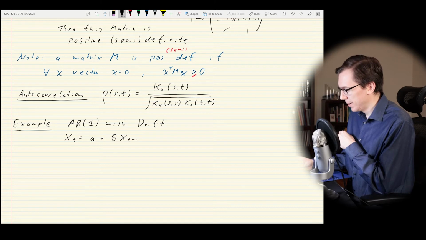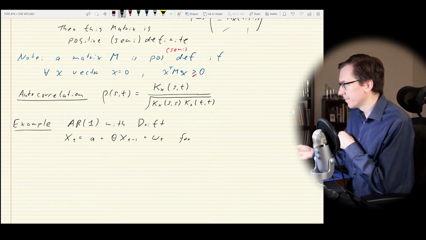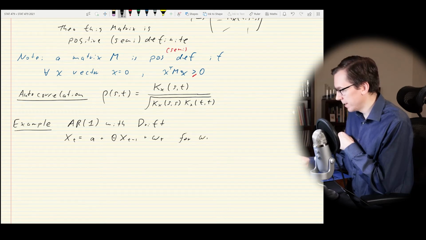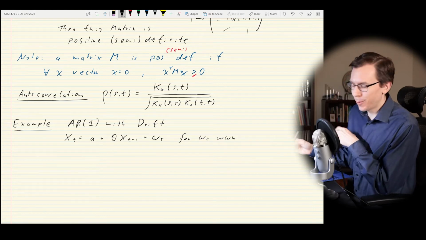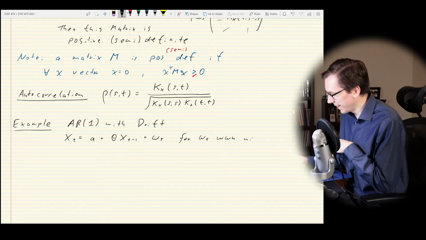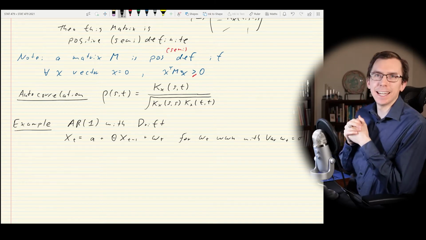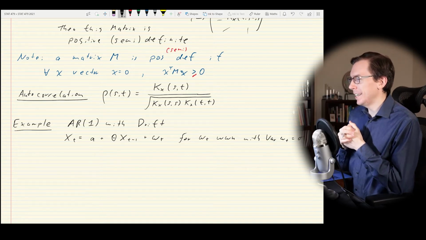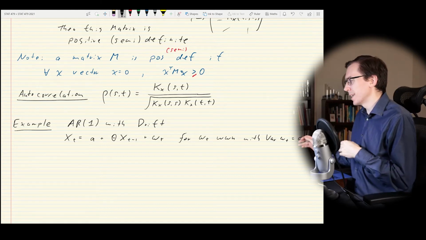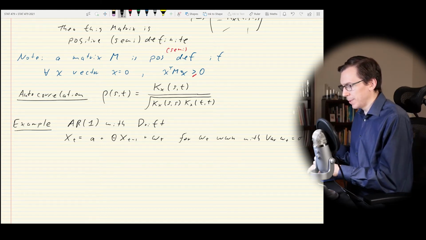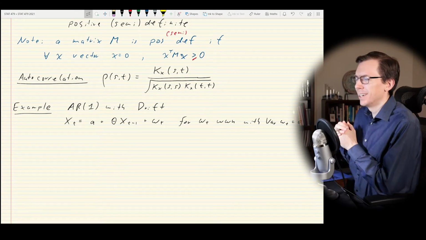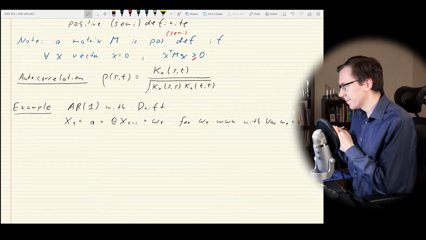X_{t-1} plus w_t, for w_t weak white noise, WWN for weak white noise, with the variance of w_t being sigma squared. We can always strengthen that to independent white noise if we really wanted to, but we'll just deal with it being uncorrelated for the moment. I don't think it's going to cause any trouble for this example.